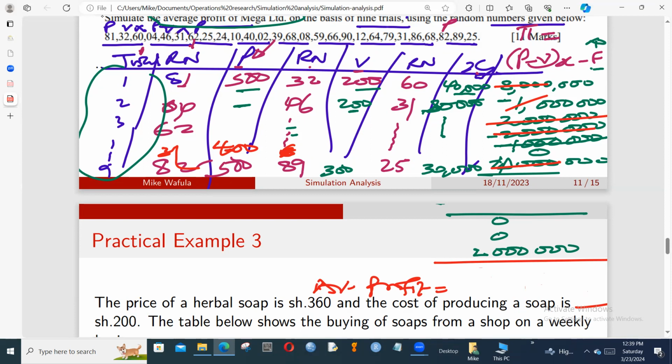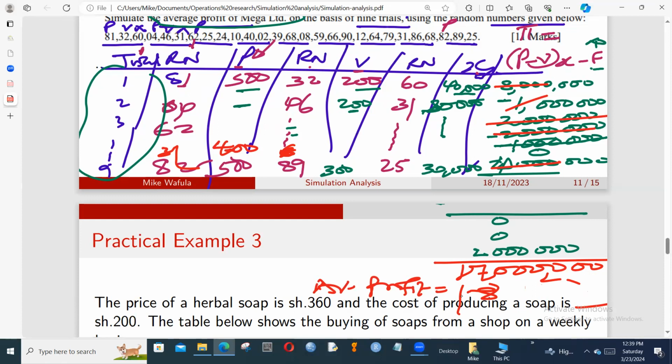It is 17 million. That's total. And then the average, divided by 9, we will be having around 1.8 million.